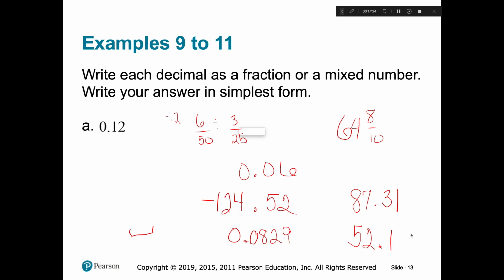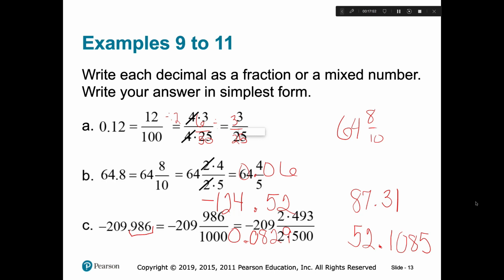So 185, 1 what? Zero. 1085. I have to make sure I have that 0 in there so my 5 ends up in my 10,000ths place. So tenths, hundredths, thousandths, 10,000ths.